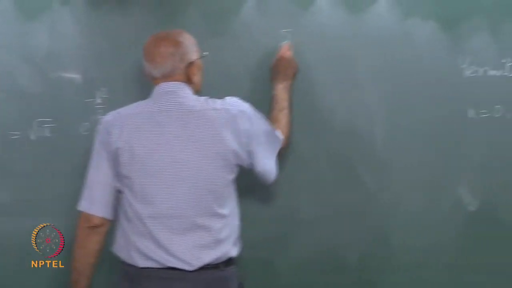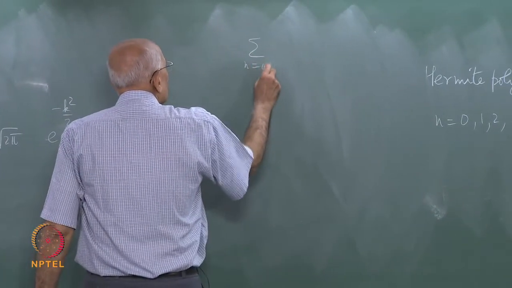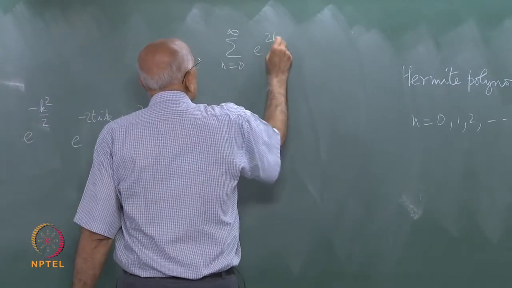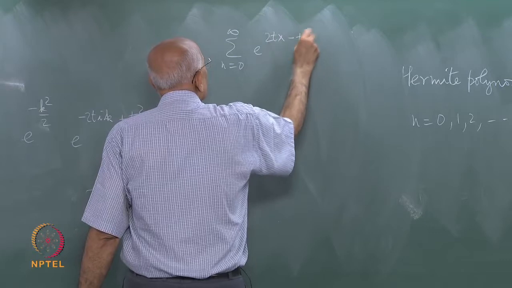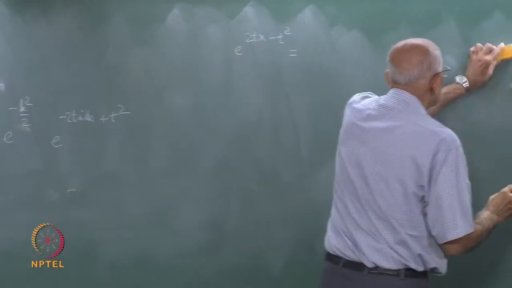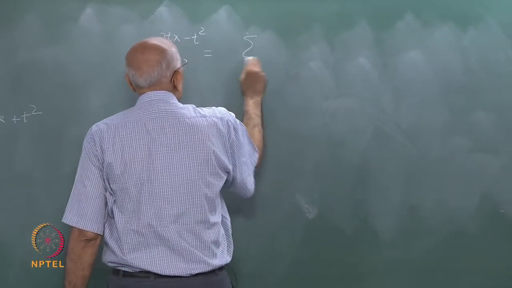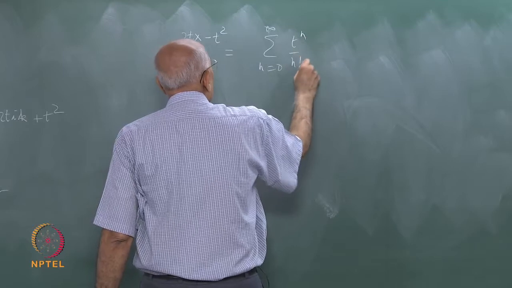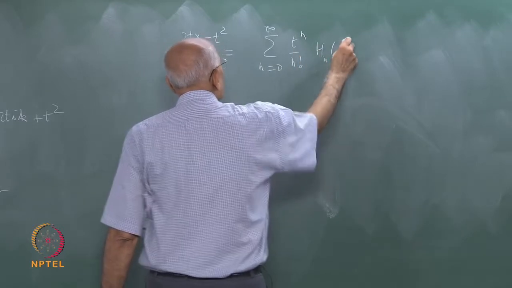Well, remember I said that summation n equal to 0 to infinity, e to the power 2tx minus t squared, sorry, this guy here was equal to a summation n equal to 0 to infinity t to the n over n factorial hn of x.